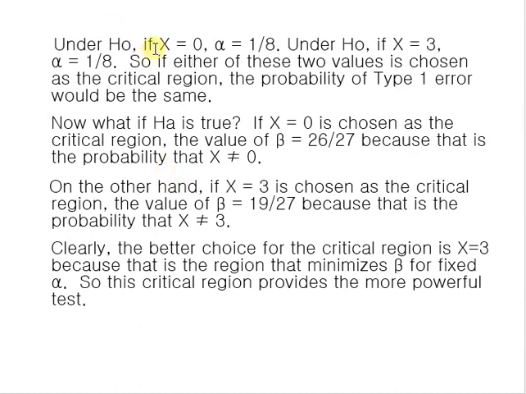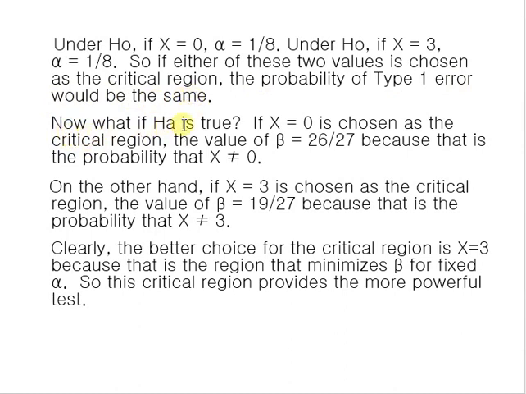Under H null, if X is 0, alpha is 1 per 8. If X is 3, alpha is 1 per 8. So if either of the two values is chosen as the critical region, the probability of type 1 error would be the same.